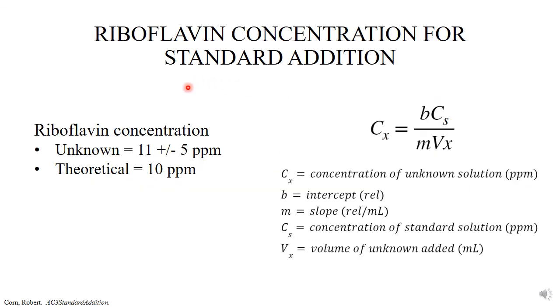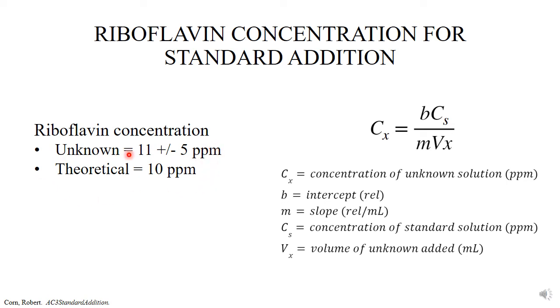Using the standard addition curve, the concentration of riboflavin in the solution was determined with this equation. Cx is the concentration of the riboflavin, which is equal to the intercept times the concentration of the standard solution divided by the slope times the volume of the unknown riboflavin solution added. So, the concentration of the unknown riboflavin solution was 11 plus or minus 5 parts per million.